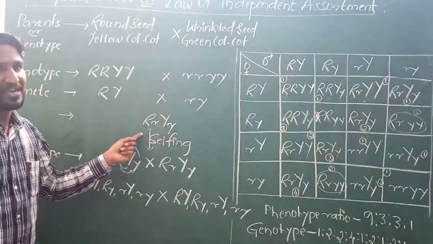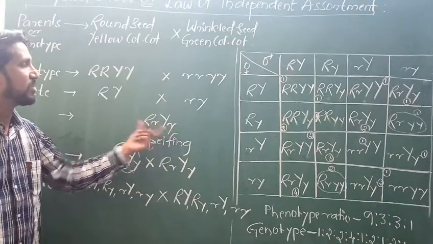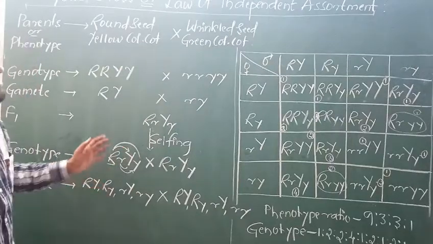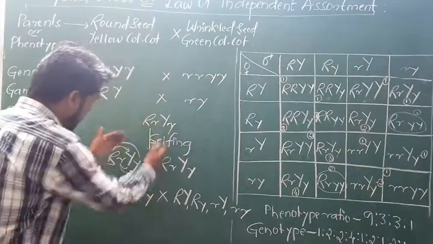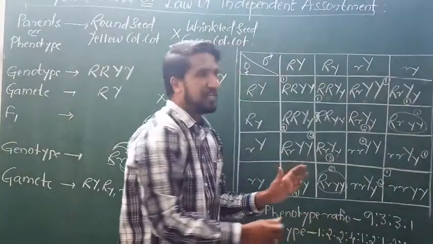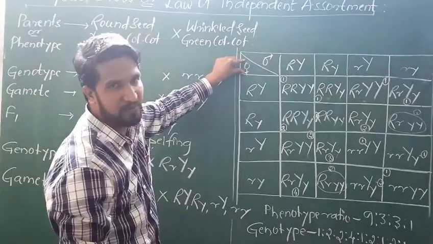That must be understood. Round seed with yellow color cotyledon is the main theme of it. Their gametes are formed and kept under the checkerboard, where one is taken as male and another as female.